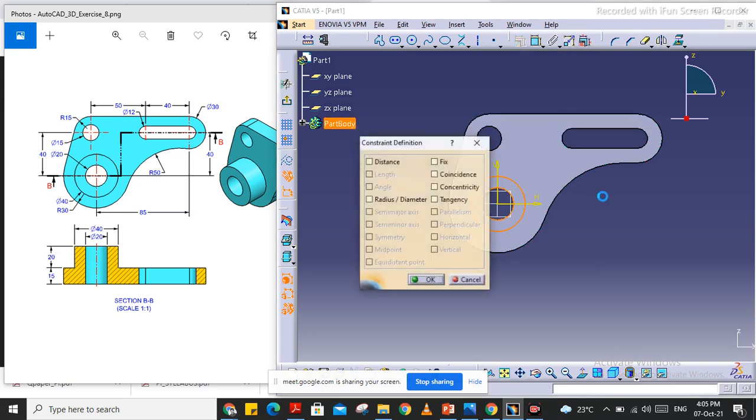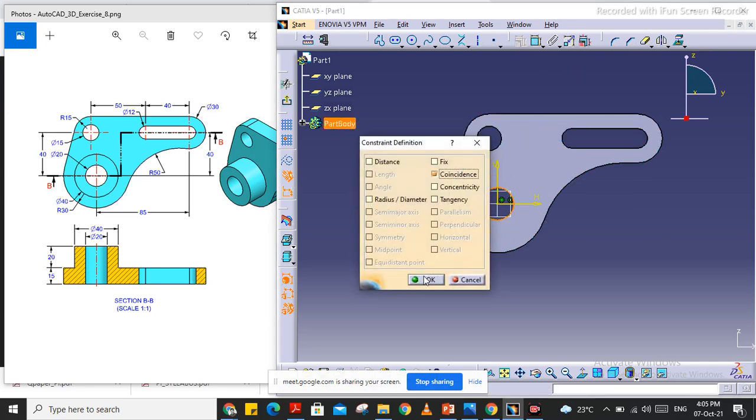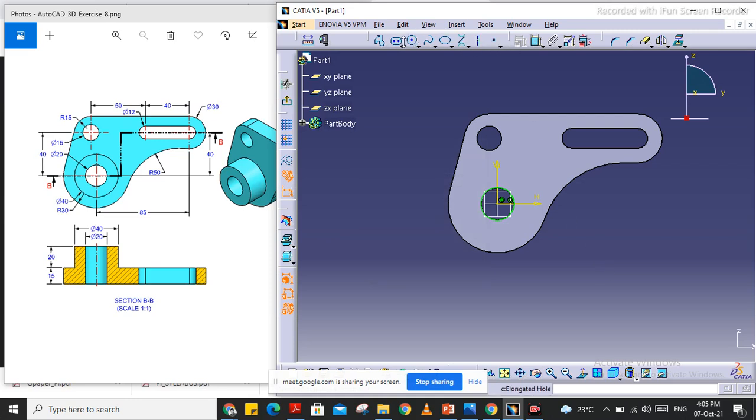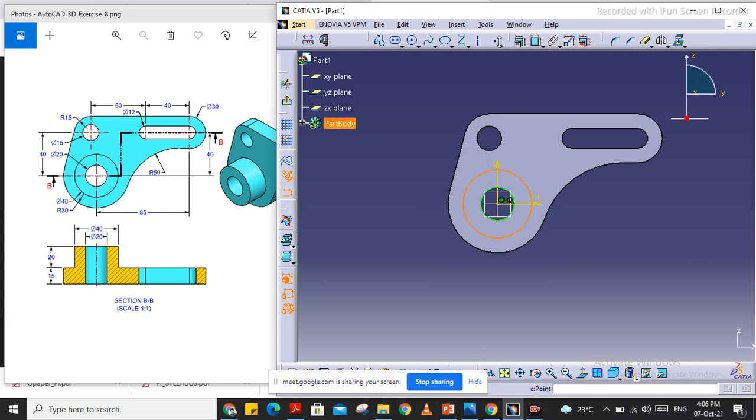Here I will give this concentricity, and also I can give the coincidence constraint. After that I will draw a second one having radius 40.